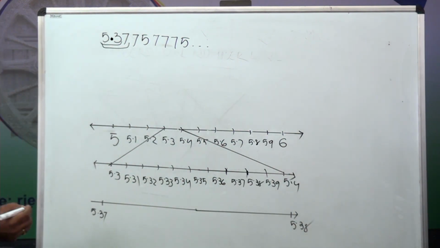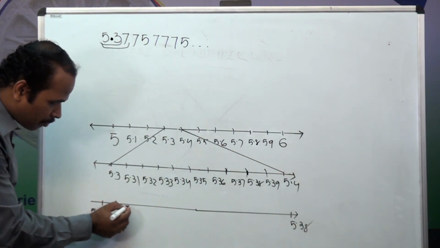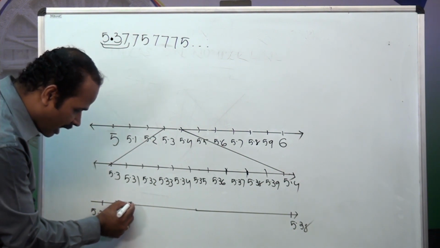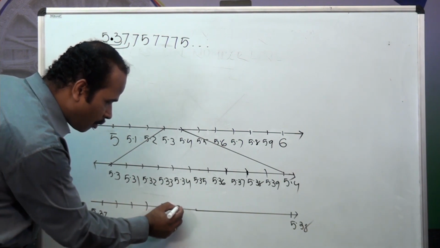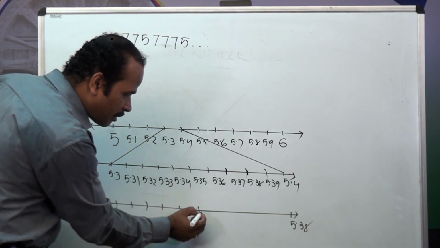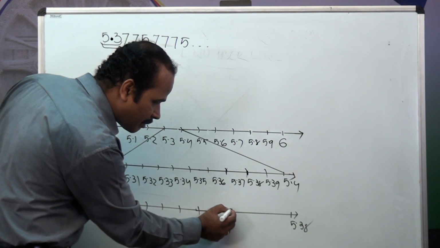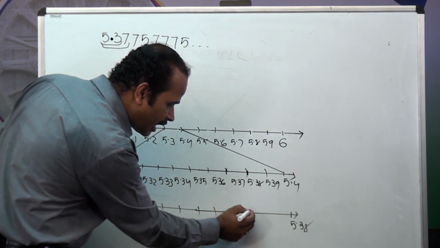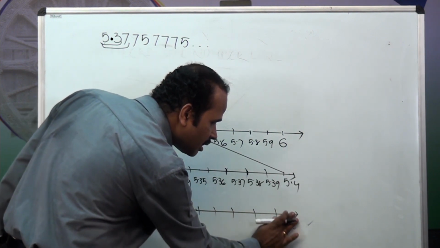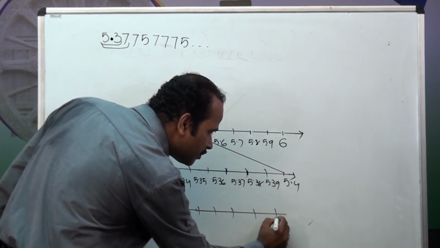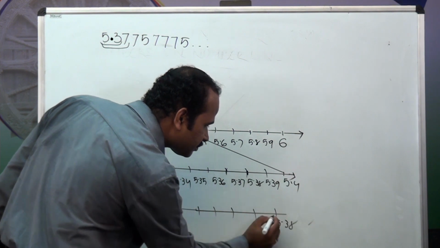If I again divide the same line into 10 equal parts, for example it is 5.371, 5.372, 5.373, 5.374, 5.375, 5.376, 5.377, 5.378, 5.379 and 5.38.